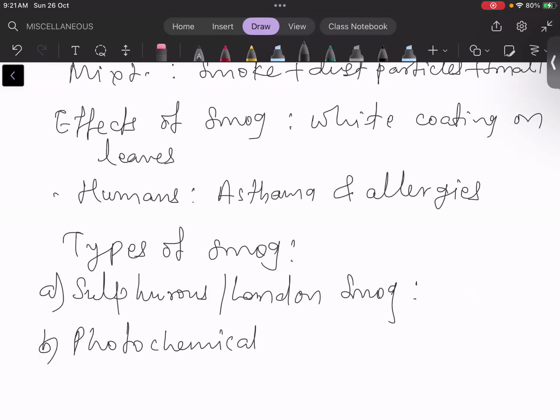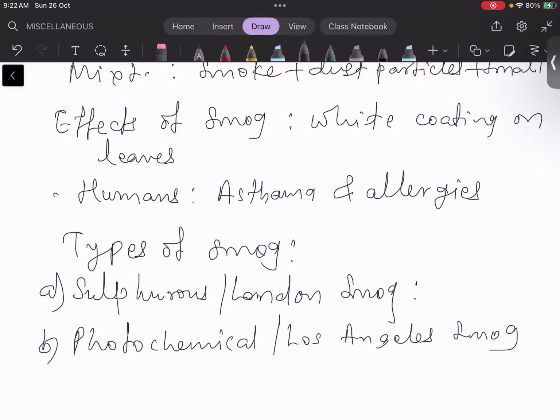Okay. Now, the second type is photochemical smog, or Los Angeles smog, since it developed in Los Angeles, a part of America. Photochemical smog mostly occurs in urban areas that have a large number of automobiles.